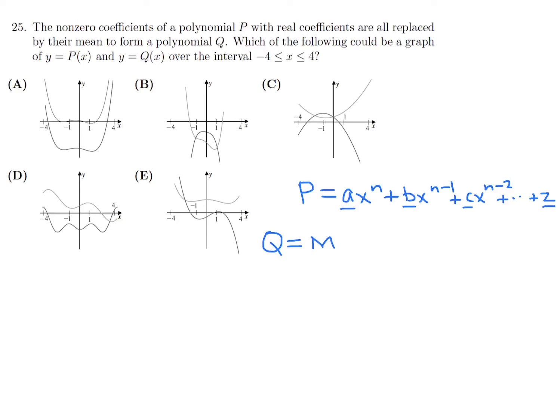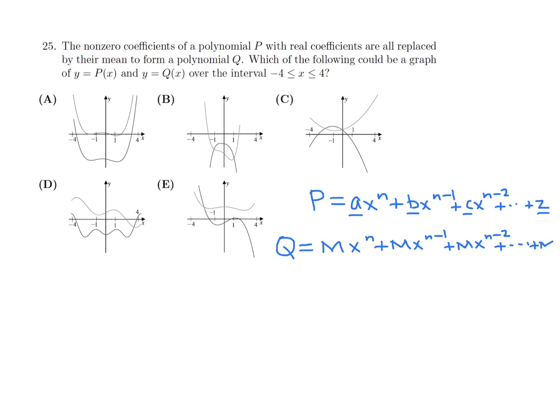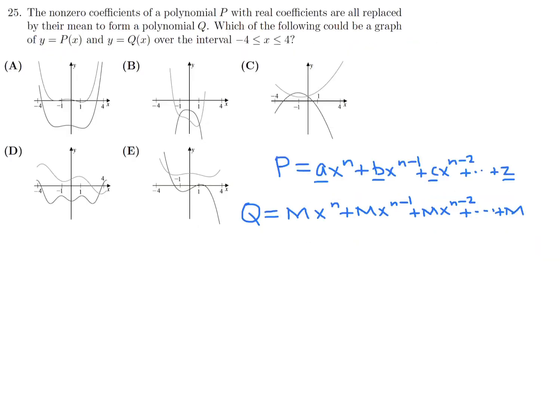So I'll write m for mean. So now you have x^n plus m x^(n-1) plus m x^(n-2), like that, all the way to plus m. All right, so that is what they're doing in the question.